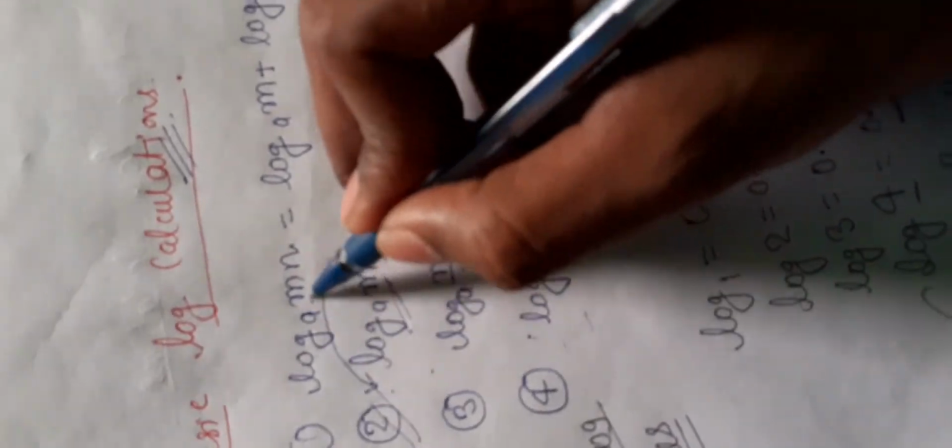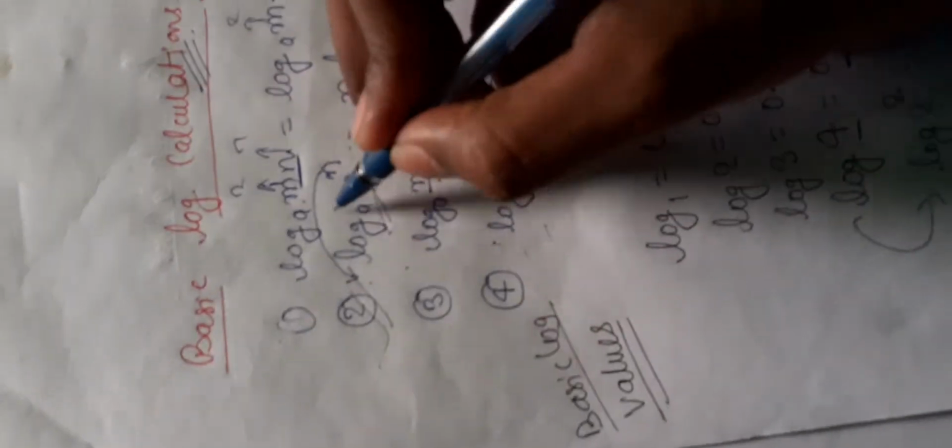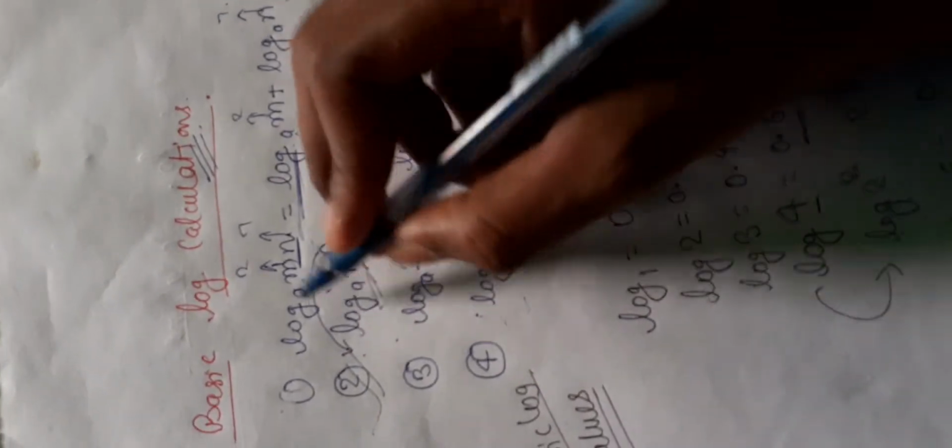Now we will calculate some of the basic log questions, like log 14. We can write log 14 as log of 2 into 7, and by using this property we can write it as log 2 plus log 7.